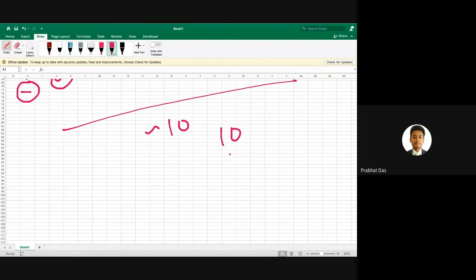Please try to understand: in unary not, generally the incrementing of the value is done. So 10 plus 1 is 11, and the symbol gets changed from positive to negative. This is the concept behind unary not. That means the positive integers will get converted to negative integers.